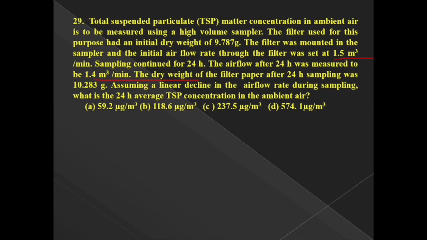The variation is also given as linear. So the average airflow will be Q1 plus Q2, that is 1.5 plus 1.4 divided by 2, which is equal to 1.45 meter cube per minute.